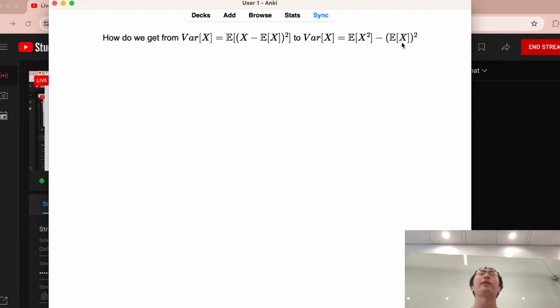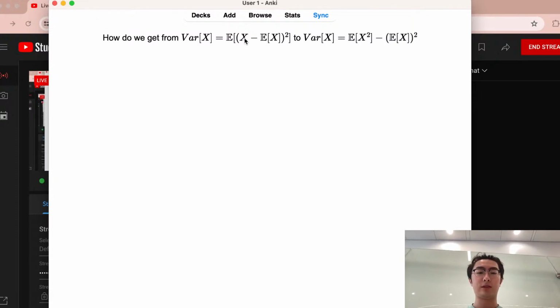Okay, so I think what we could do is first we'll take this term here, x minus expectation of x, we square that, so really what that means is you have these two terms, so this multiplied by the same thing. And then I think what we could do is then distribute these values.